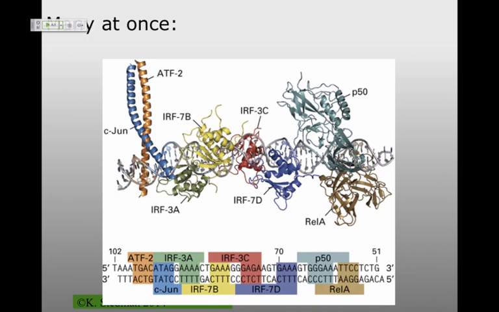Some cells are going to be activating some genes at some times, etc. So each individual protein, again, is on or off, but it's the combination of all these proteins together that will lead to expression or not expression of a particular gene at a particular time. So this is what's going on inside the cell. It's very difficult to piece apart exactly which of these things are going on at any given time. So now we'll talk a little bit about some of the techniques on how to do that.